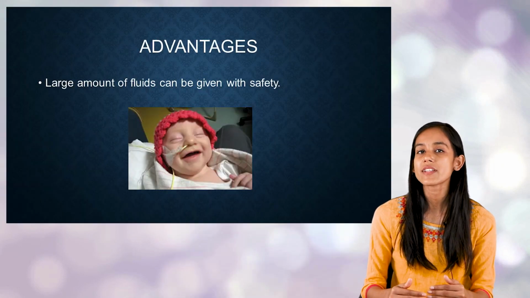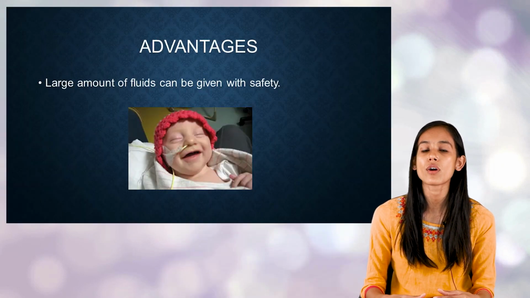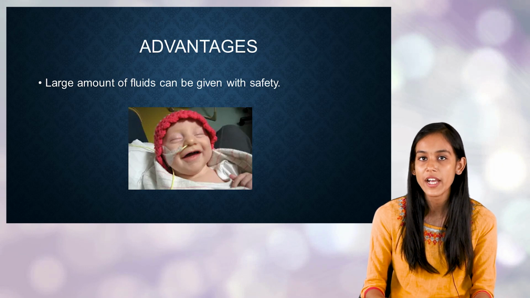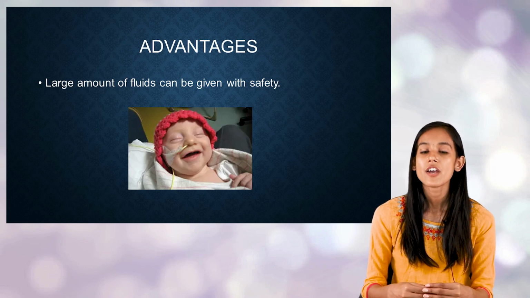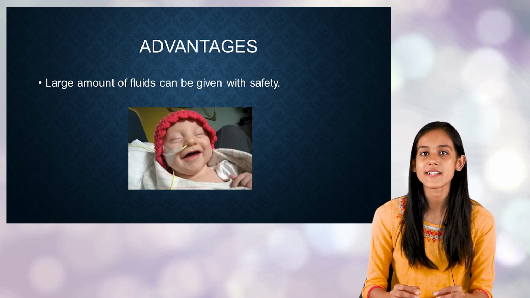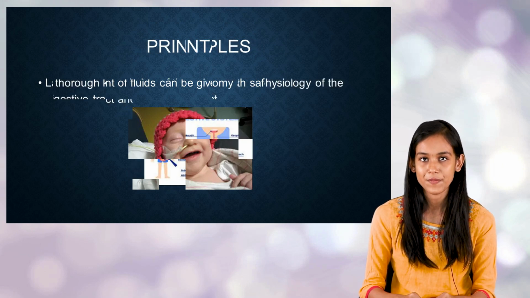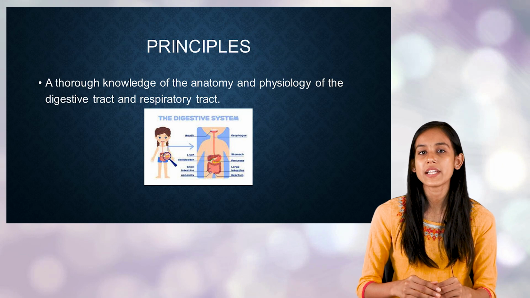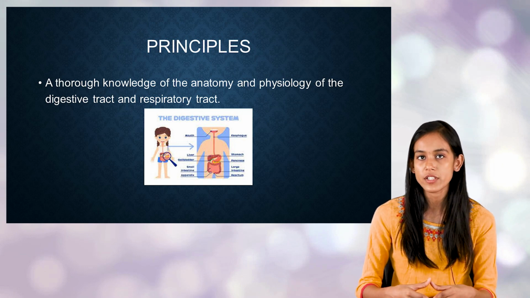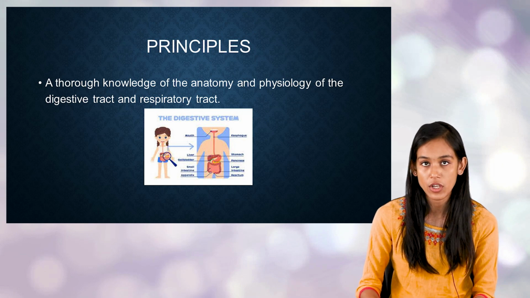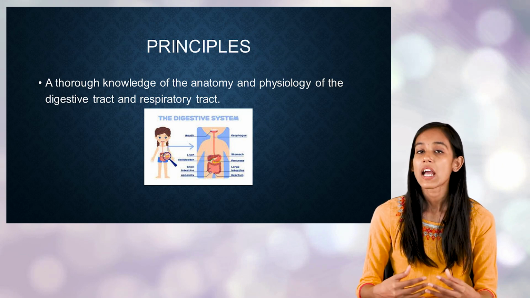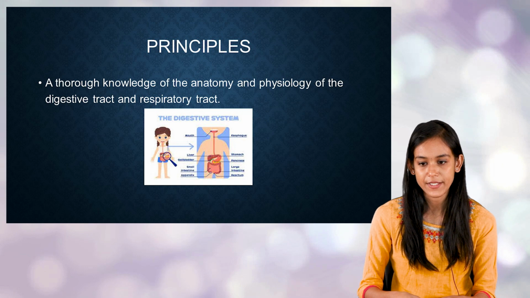So here, one thing you have to remember is that the food or liquid you are providing should reach the stomach. For that, it is very necessary that the tube is in the right place, in the stomach. So to place the tube in the stomach, it is very important to have a thorough knowledge about the anatomy and physiology of the digestive tract and also the respiratory tract.